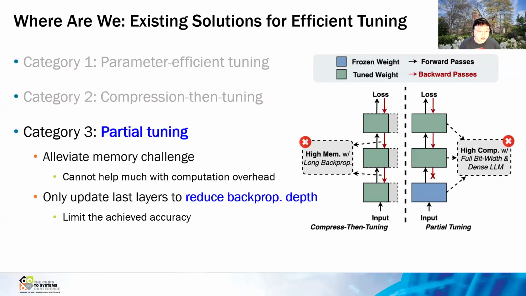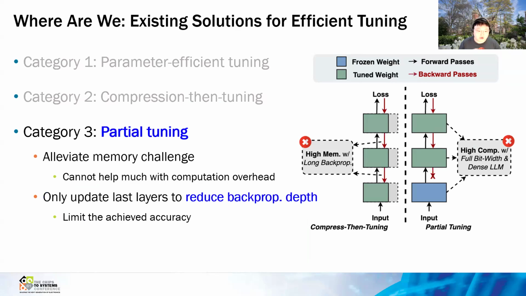The third category is called partial tuning, where people try to alleviate the memory challenge by doing backpropagation with a reduced backpropagation depth. Specifically, they only try to update the latest layers.